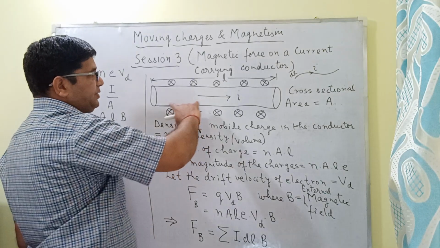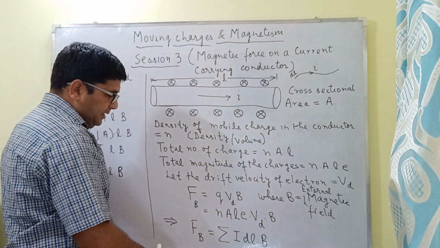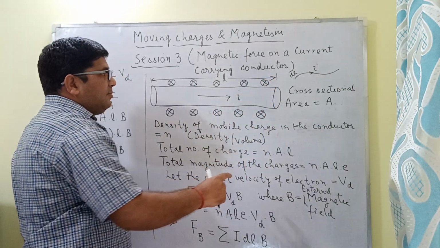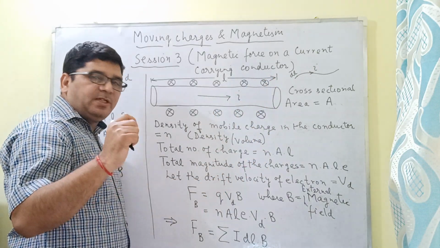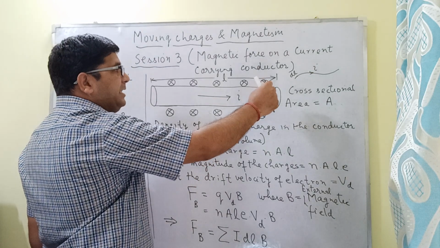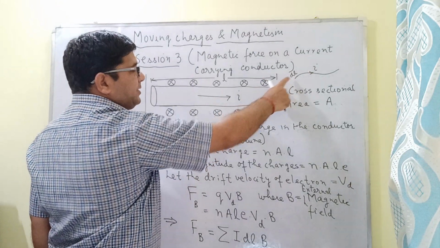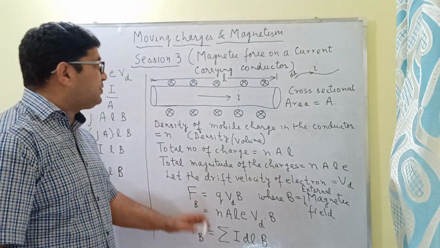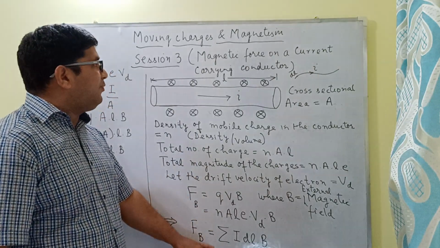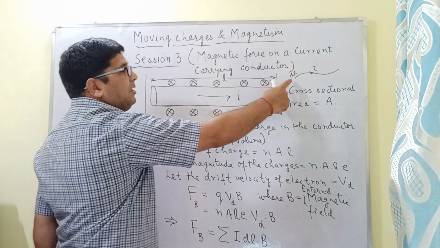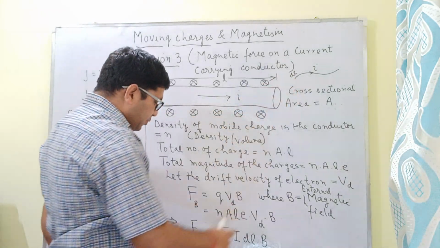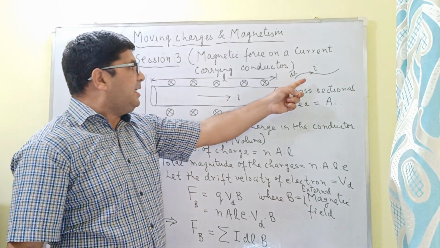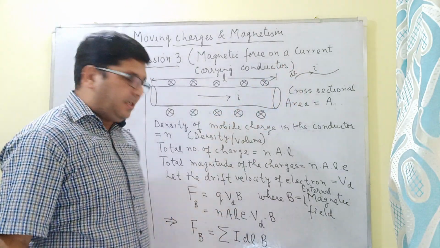However, if this conductor is not straight, then we consider that conductor to be made up of very small linear lengths which we consider as dl, and then we sum up the magnetic force due to these individual linear lengths to find the total magnetic force due to an external field on that conductor.